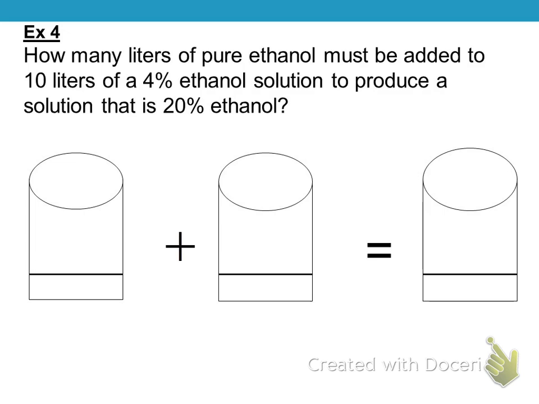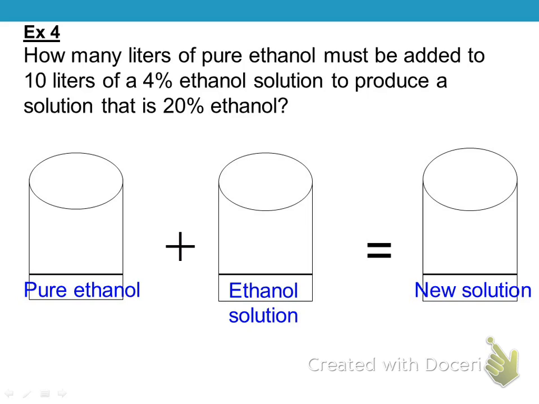The math part's important. So the first one says pure ethanol. 100%. So we have pure ethanol in the front, the solution in the middle. That's going to make our new solution or our mixture. Pure is 100%. Do we know how much pure ethanol we have?